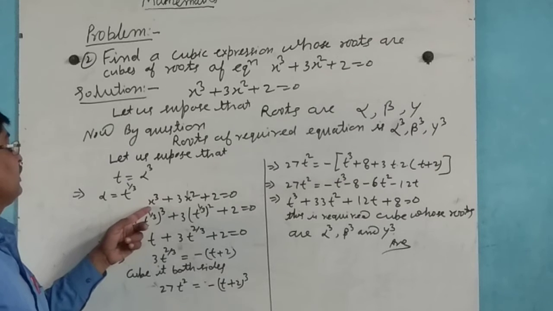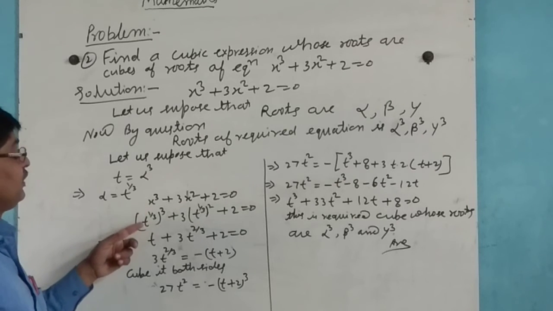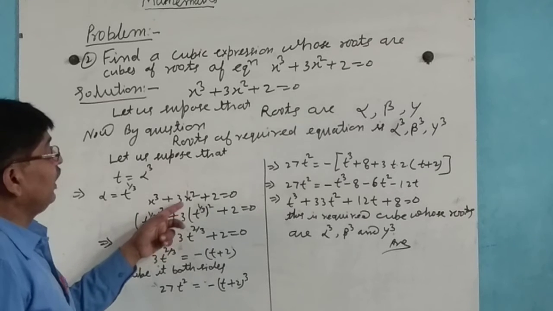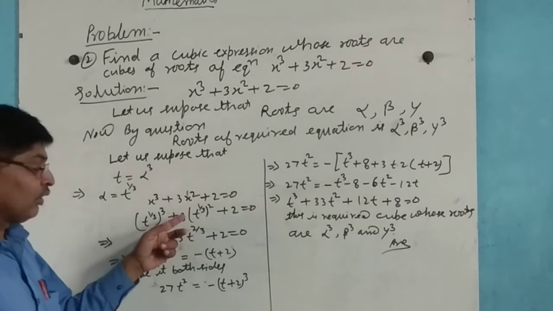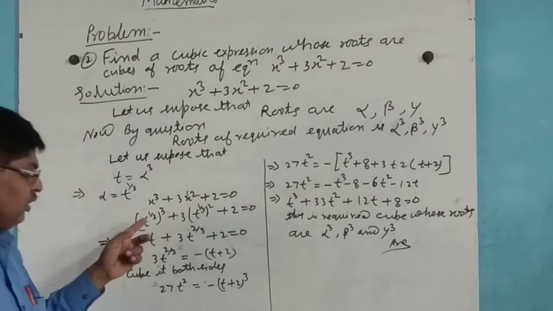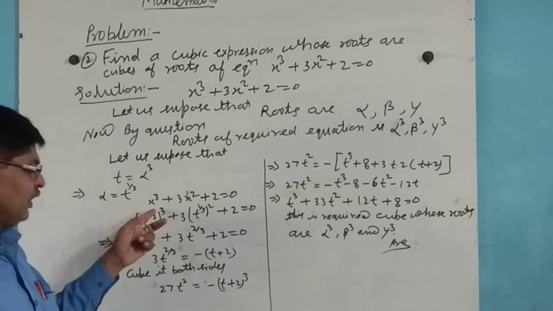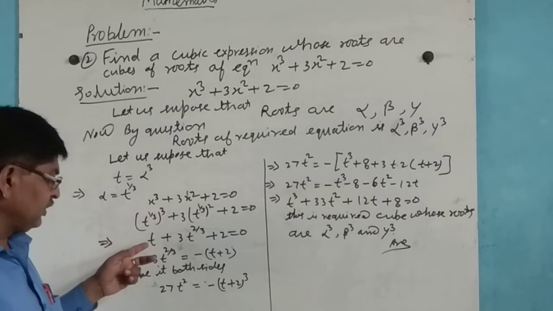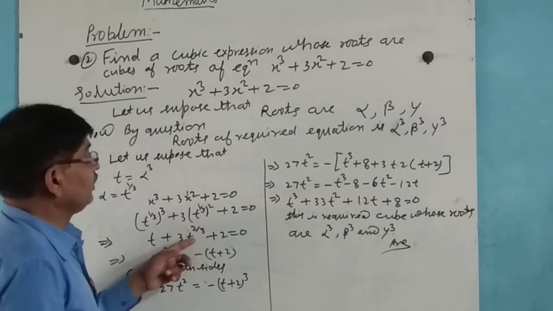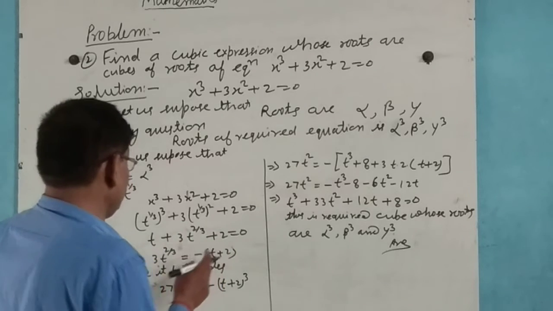Here x can be replaced by t to the power 1 by 3, so we get t plus 3 times t to the power 2 by 3 plus 2. Here this is a cube, so the cube root cancels, that is t, plus 3t to the power 2 by 3 plus 2.